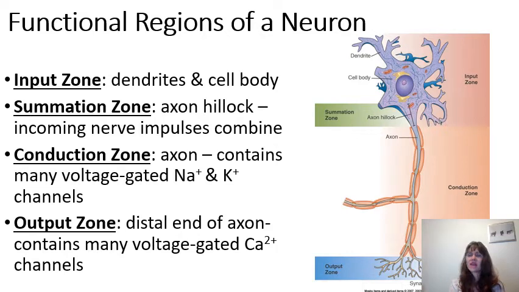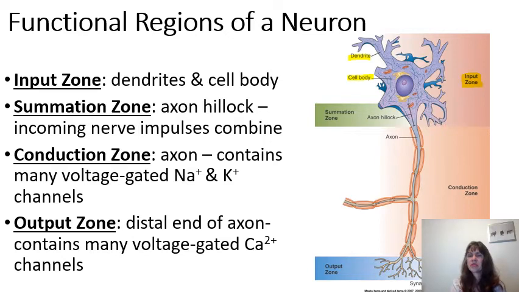Here we have another picture of a neuron. You can see the dendrites and the cell body, which are the receptive area of incoming information for the neuron. That's why those areas are referred to as the input zone.